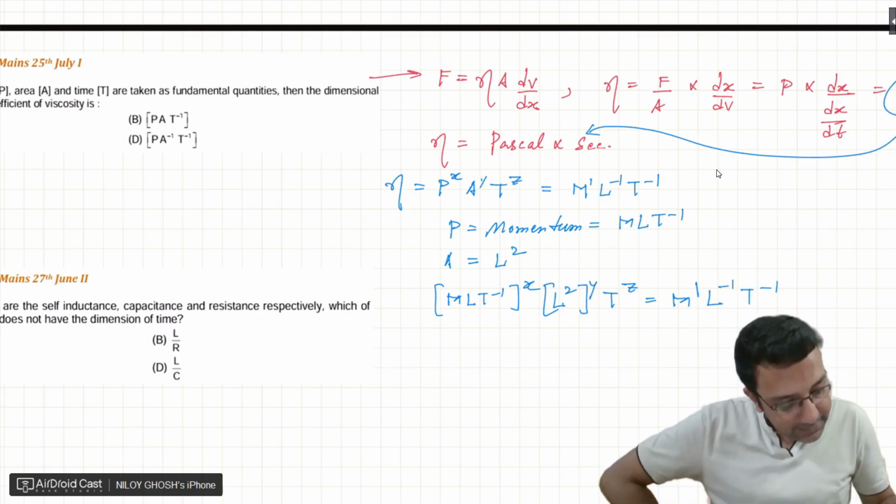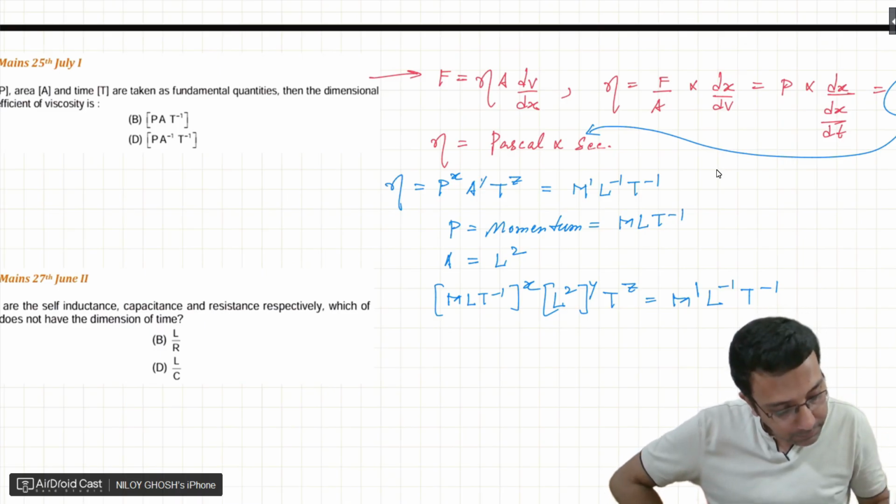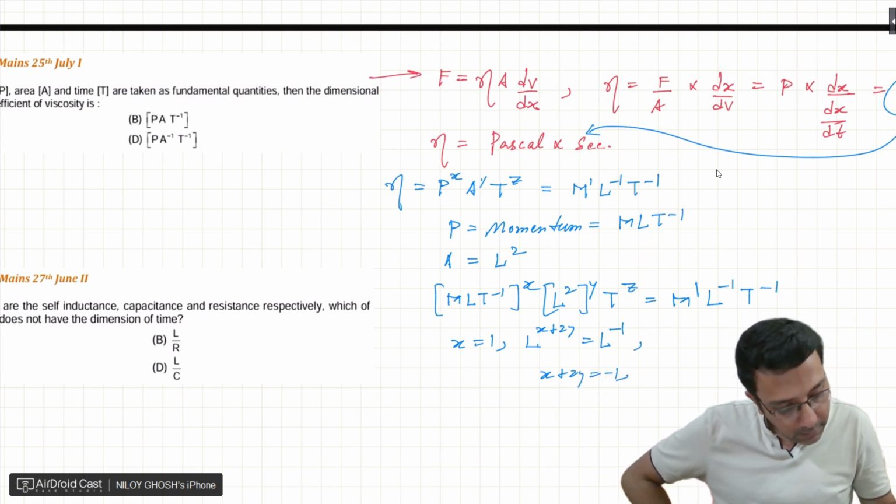If you compare it on the LHS and RHS, this becomes X equal to 1, L to the power X plus 2Y equal to L to the power minus 1, so X plus 2Y equal to minus 1, and T to the power minus X plus Z equal to T to the power minus 1, so minus X plus Z equal to minus 1.